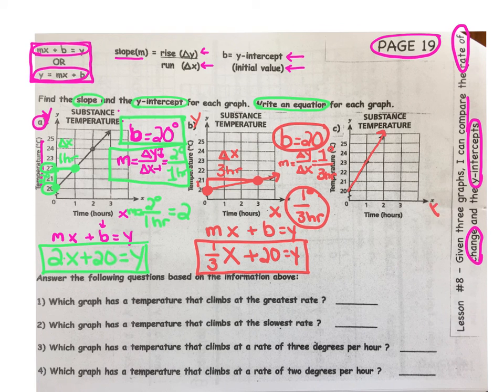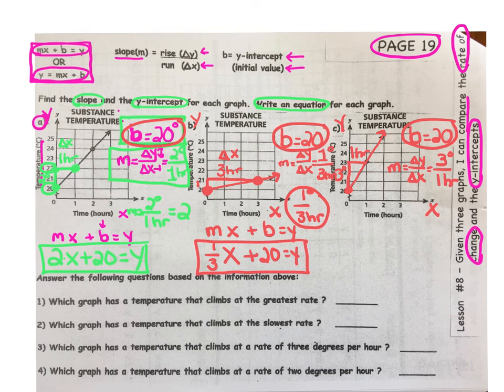Again, for this substance, time is on the bottom and y is up the side. We still start out at an initial value, or a y-intercept, of 20. That's the same for all 3 graphs. However, if we get our slope here, our delta y over delta x, we go up 3 degrees per every 1 hour. 3 degrees per 1 hour.